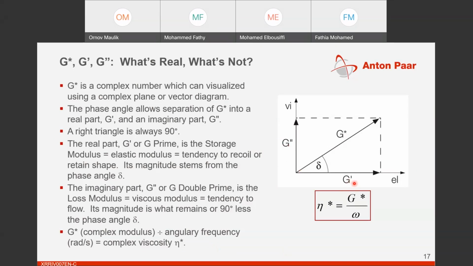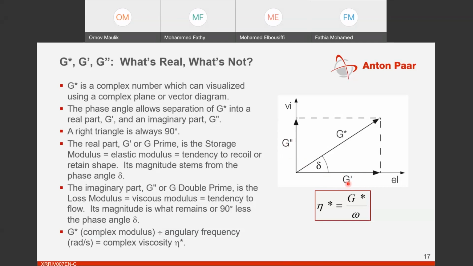Here you can see G prime on the x-axis is basically an elastic property of any material. That means it gives you the elastic nature of any material. And G double prime gives you a viscous property of any material. G prime is called the storage modulus and G double prime is called the loss modulus.